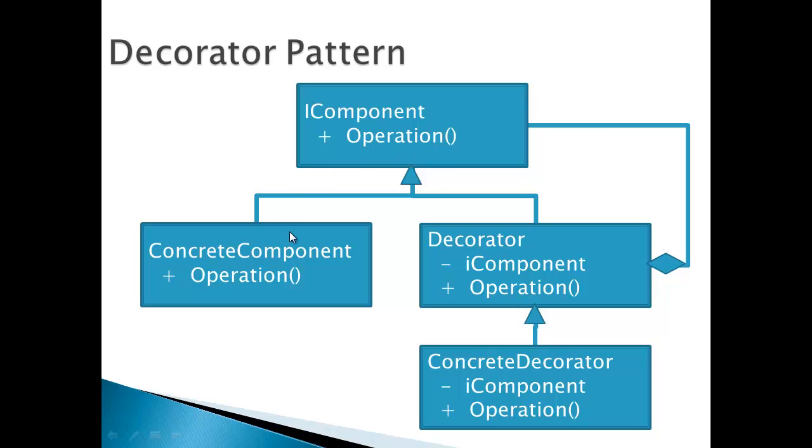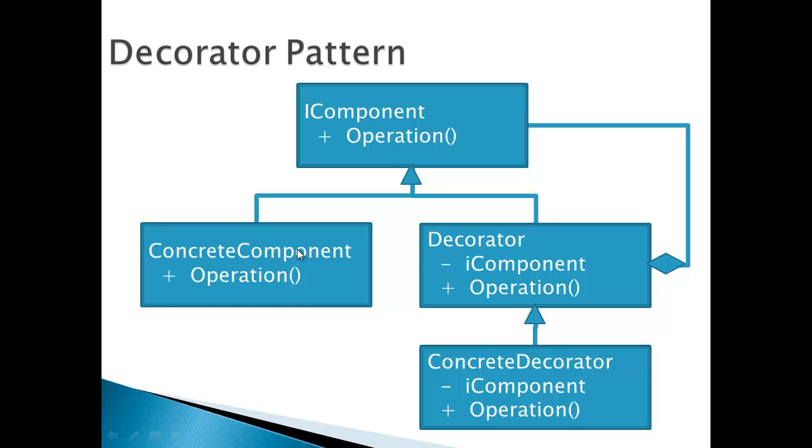And then if we look over here, we have concrete component and decorator. Both of them have a line that goes into iComponent that connects to a triangle. That means that a concrete component is an iComponent, and decorator is an iComponent, okay?